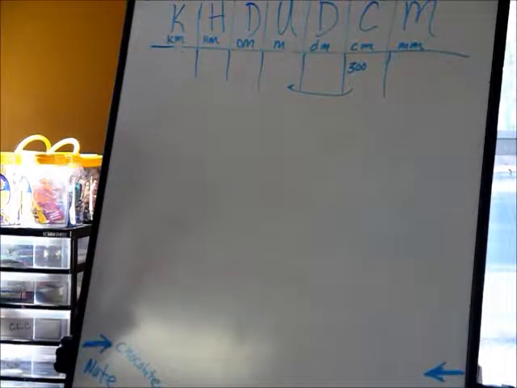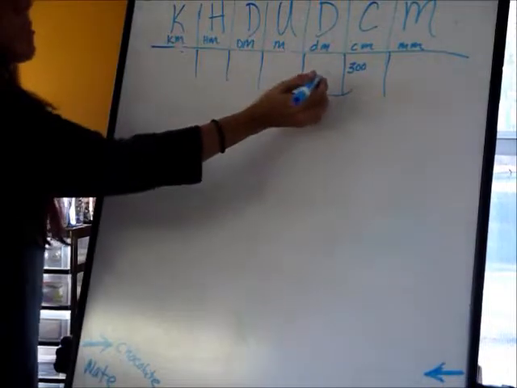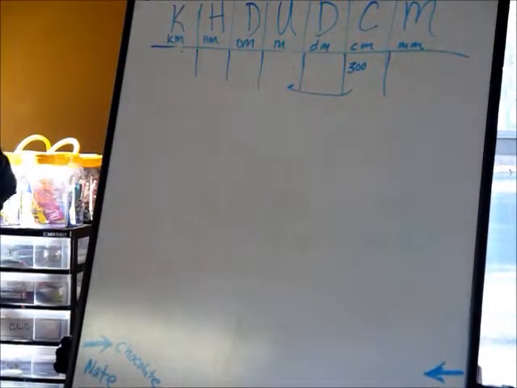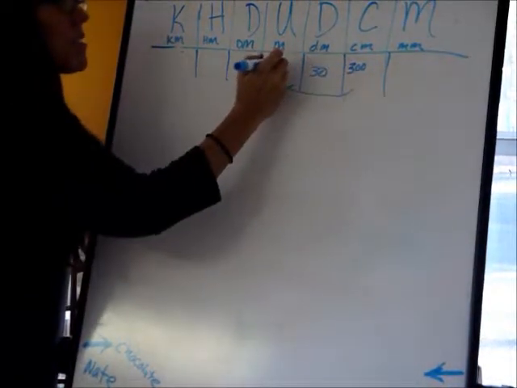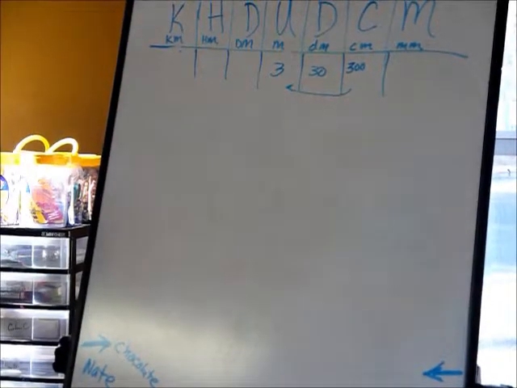So what is it in your mind that helps you go from here to here, whether or not you drop zeros or add zeros? I actually just know. Oh, because you know there are 100 centimeters in a meter. Yes. So, you can tell me the answer. 3 meters. 3, yes. So there are 30 decimeters and 300 centimeters is 3 meters.